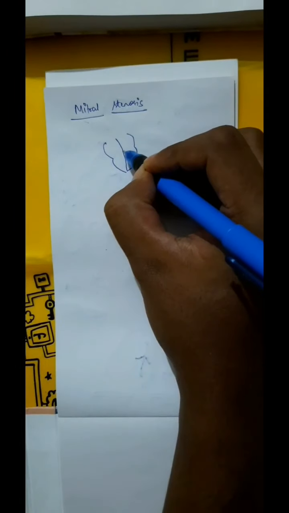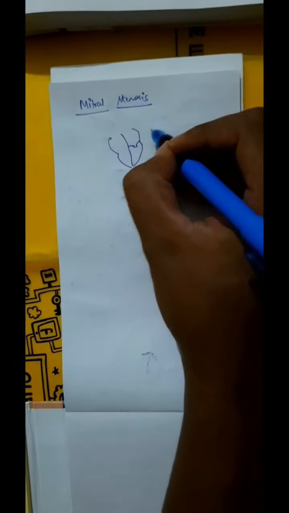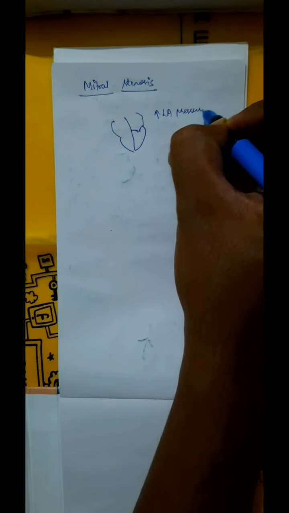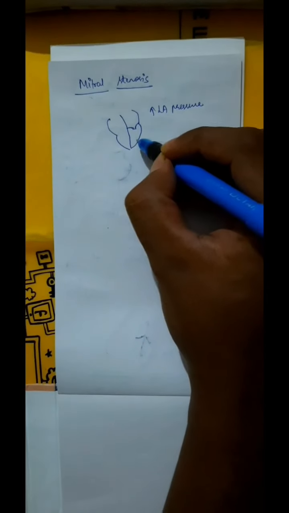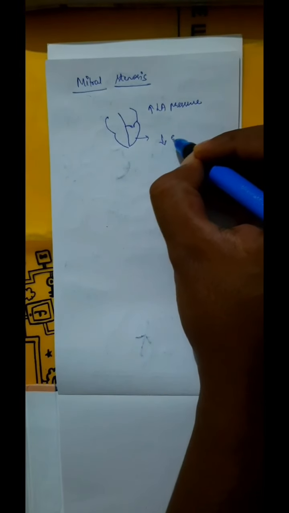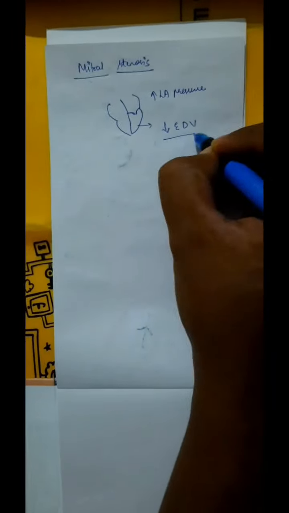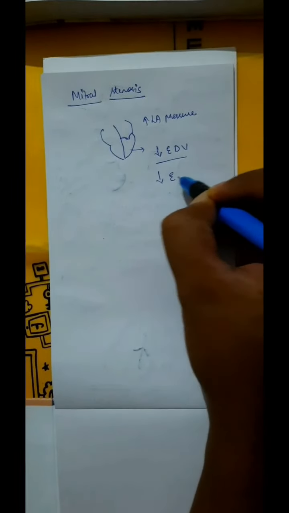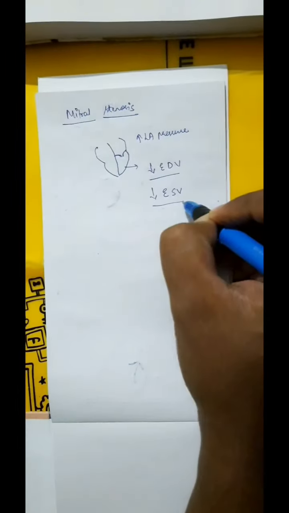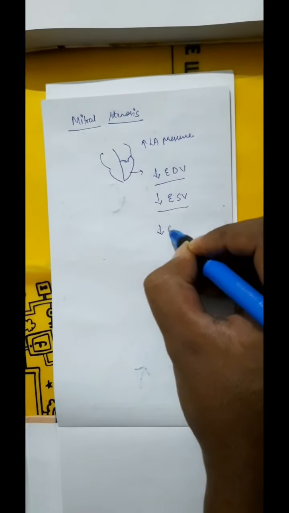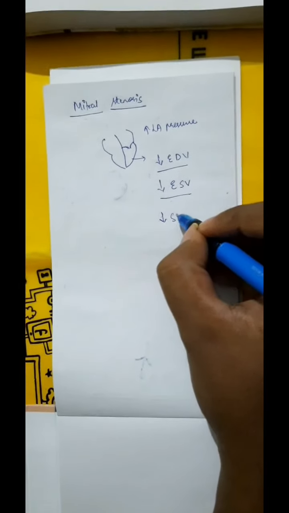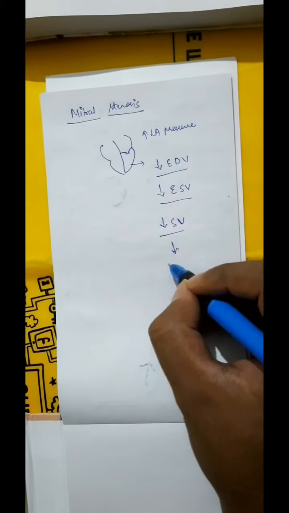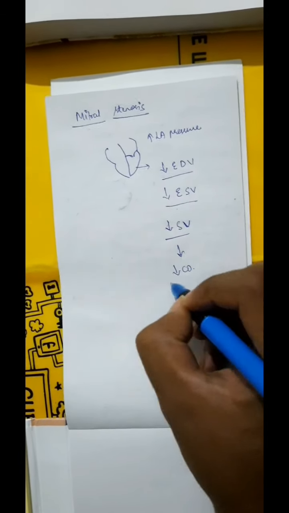In mitral stenosis, there is increased left atrial pressure. Due to reduced filling, there is decreased end diastolic volume. Due to decreased end diastolic volume, there is decreased end systolic volume, decreased stroke volume, and because of this, decreased cardiac output.